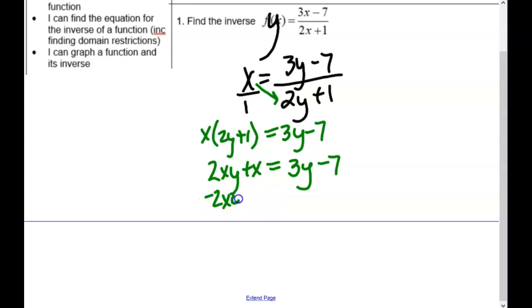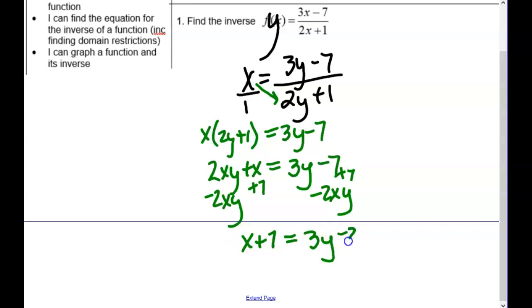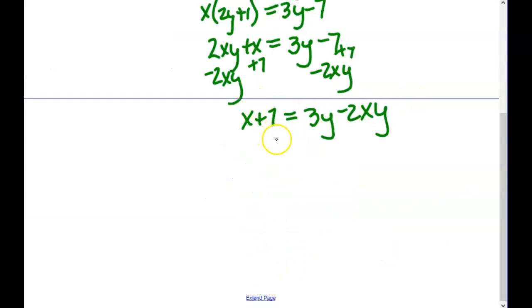All right, I'm going to subtract the 2xy over here, which means I should also add 7 so that I end up with an x plus 7 on the left and a 3y minus 2xy on the right. What do I need to do?